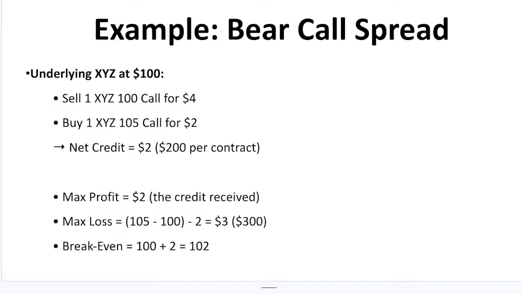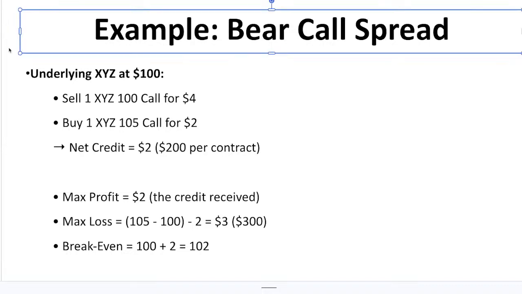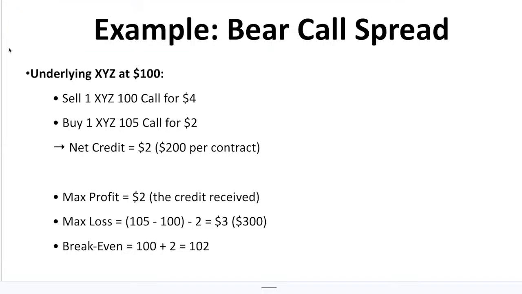Example for a bear call spread. Underlying XYZ. XYZ is just an example, it's not any symbol or anything that represents a stock ticker. Okay. So sell one XYZ 100 call for $4. If you buy one XYZ 105 call for $2, that means you net credit $2 per contract.